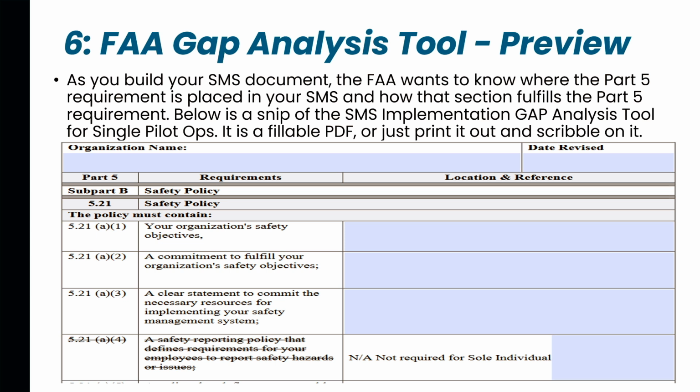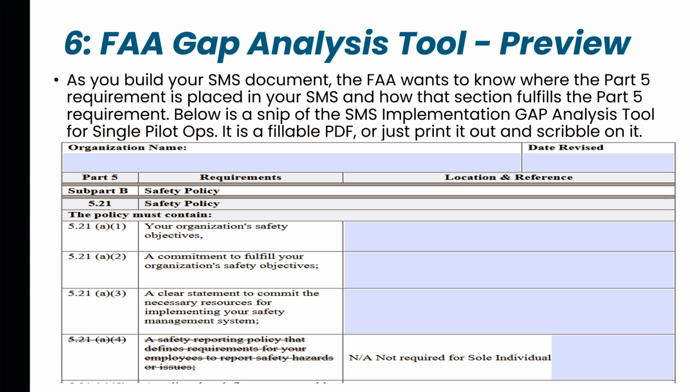I just pulled out the first 4 SMS Part 5 requirements for safety policy, and this is off of the standalone form for single pilot organizations, and as you can see, they lined it out. However, it's still there. Then you can take those location and reference areas and cut them up into smaller pieces.